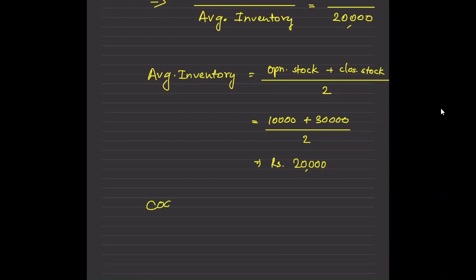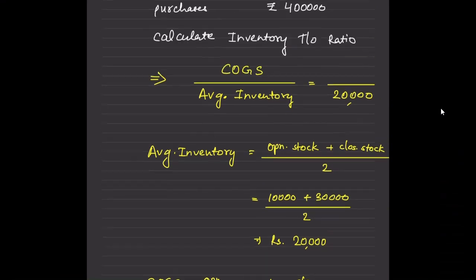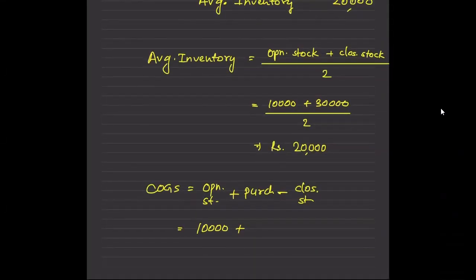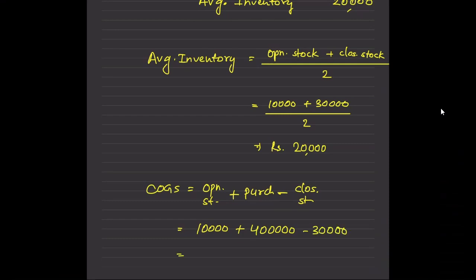So cost of goods sold is opening stock plus purchases minus closing stock. In our question, I have 10,000 opening stock, my purchases are 4 lakhs, and my closing stock is 30,000. So my COGS is 3 lakh 80,000.